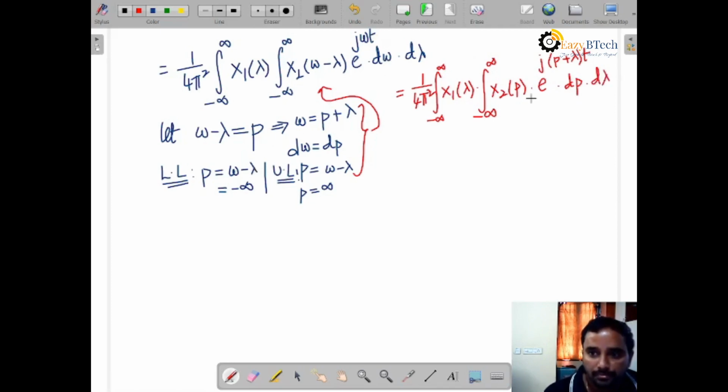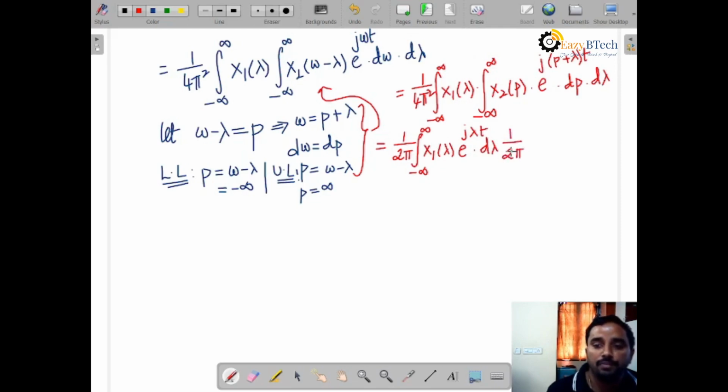Now we are going to separate these integrals again. We have lambda terms and p terms, so I am going to separate them. So 1 by 2 pi integral minus infinity to plus infinity x1 of lambda e to the power j lambda t d lambda, completely a lambda integration this is, and into again 1 by 2 pi, since we have 4 pi square, right or not?